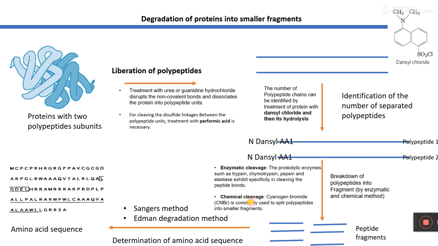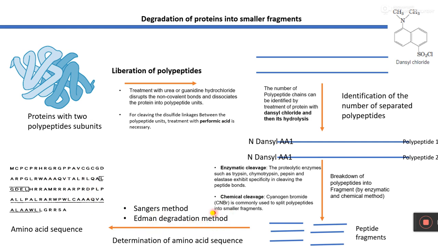Now the third stage is the determination of amino acid sequence in all these short peptides or polypeptide fragments, and this process is generally governed by two methods. First is Sanger's method and second is the Edman degradation method.